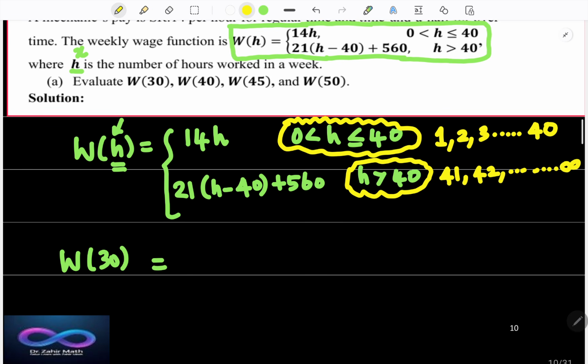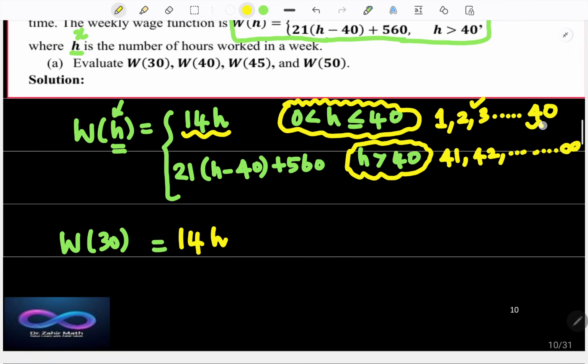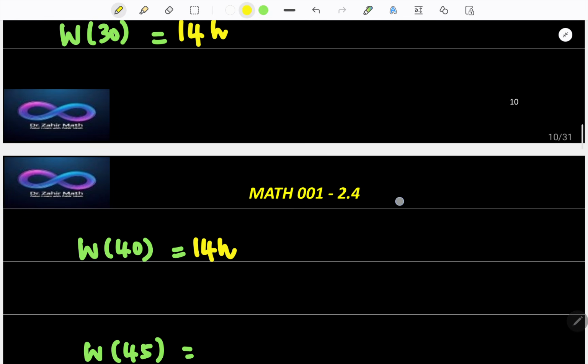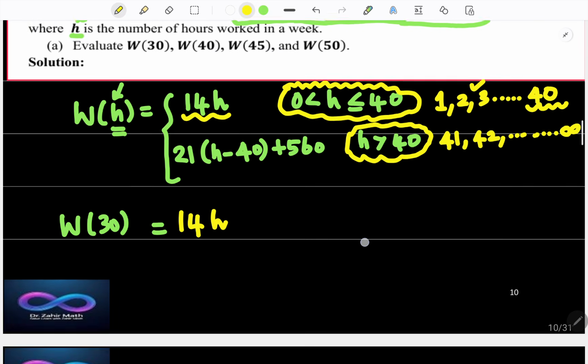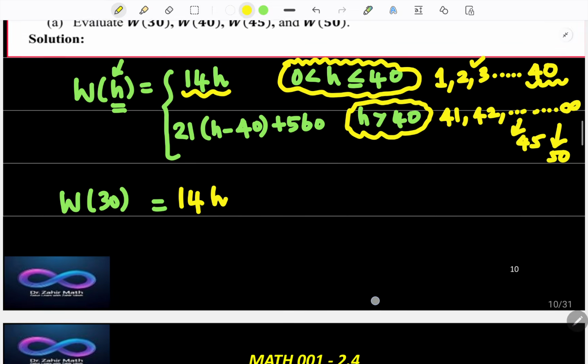Now W of 30. Where is 30? 30 is here. So what is your function here? 14H. Next is W of 40. Where is 40? 40 is here. So your function is 14H. Next, 45 and 50. Where is 45? It is here. Where is 50? It is here.